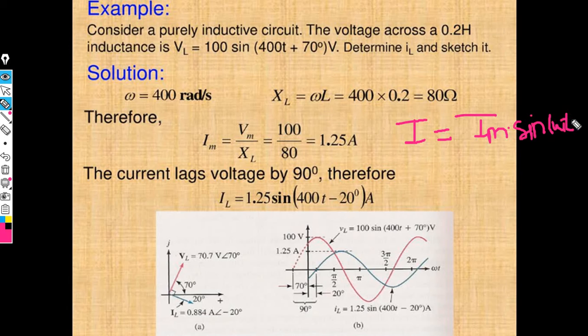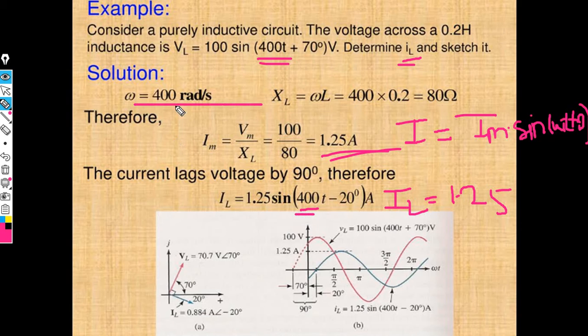Then we calculate IL: Im is 1.25, sin of omega t, where omega is given as 400, and theta is 90 minus 70, that is minus 20.